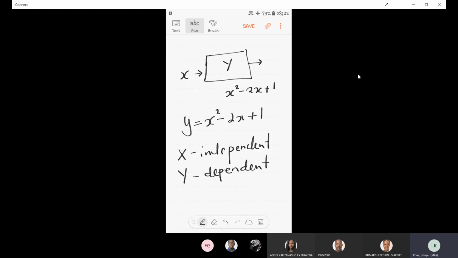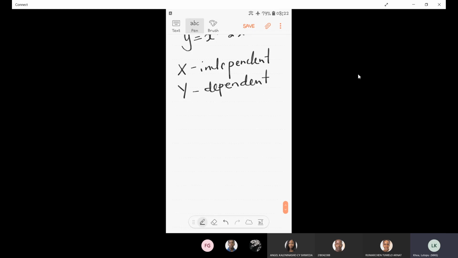Okay, so the value of y depends on what x is. So that is why it is called the dependent variable. Okay, now there are several ways that we can write this. That is the notation. So we say that y is a function of x.